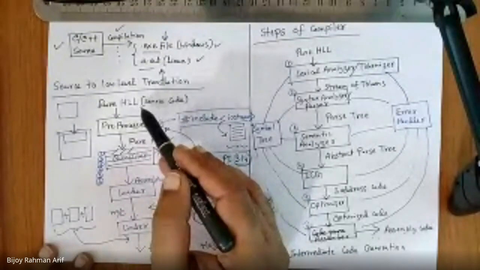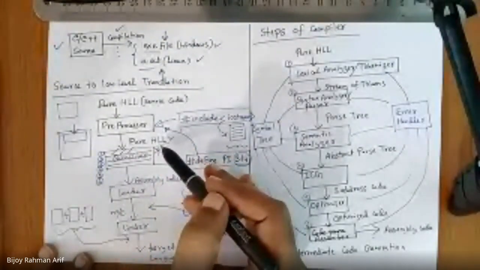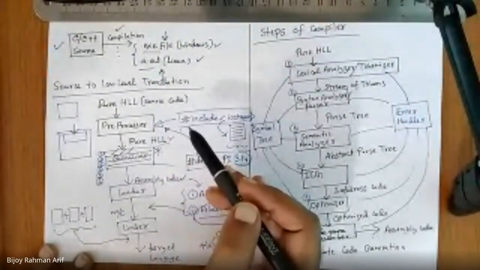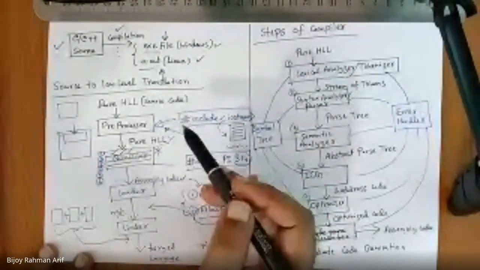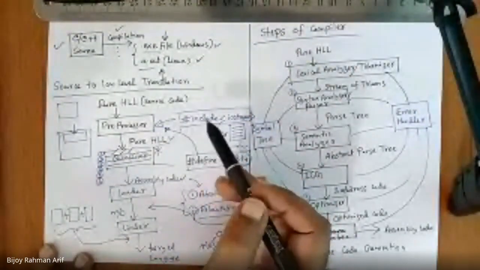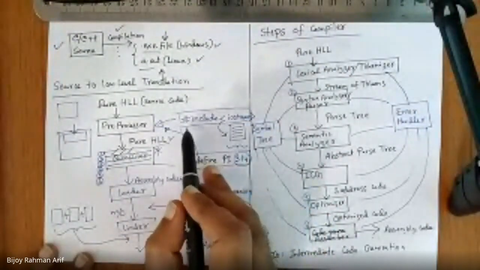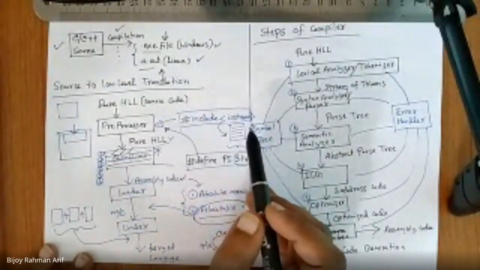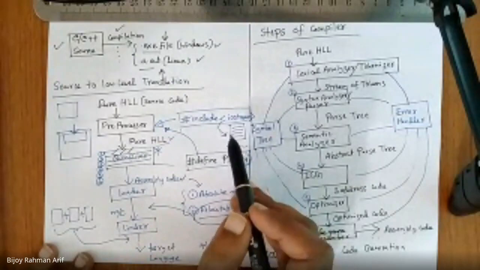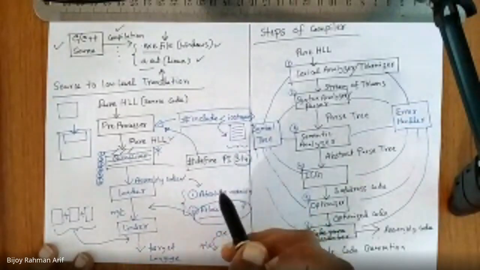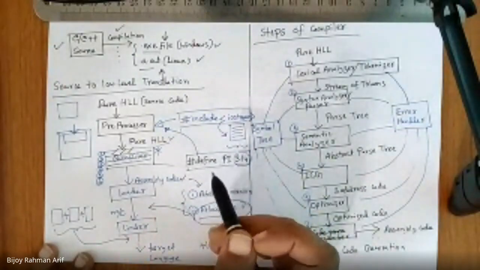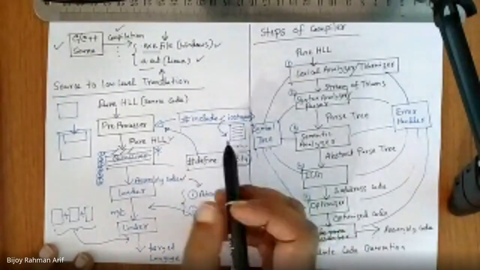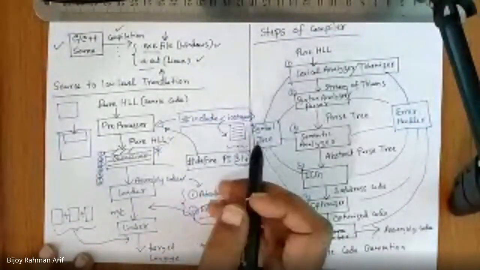So what is the difference between high level language and pure high level language? For example, if you see any C++ code, at the very top we have something like hash include iostream or hash define pi. Those kinds of things are there. Those are called preprocessor macros. Sometimes these are called preprocessors, sometimes macros. So what are those?